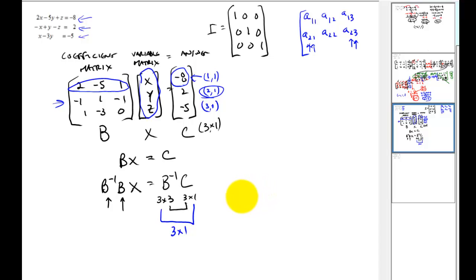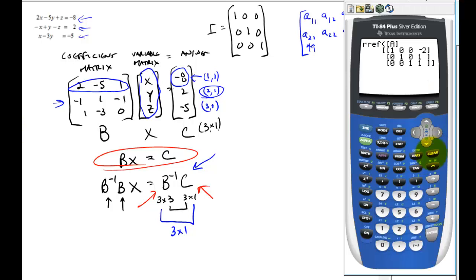Anyway, let's look at the calculator again. It's pretty slick. So this is the answer right here. That's how you solve a matrix equation. I already put it in the calculator.